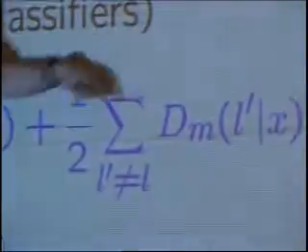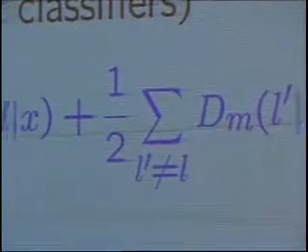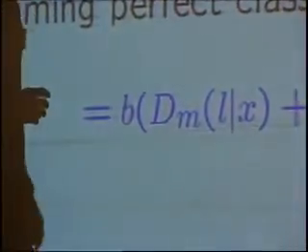And then you just simplify a little bit. This quantity here is 1 minus that quantity. And you get that.